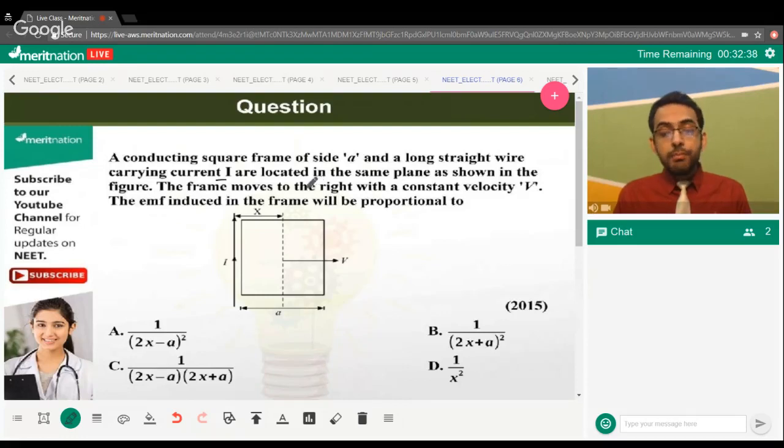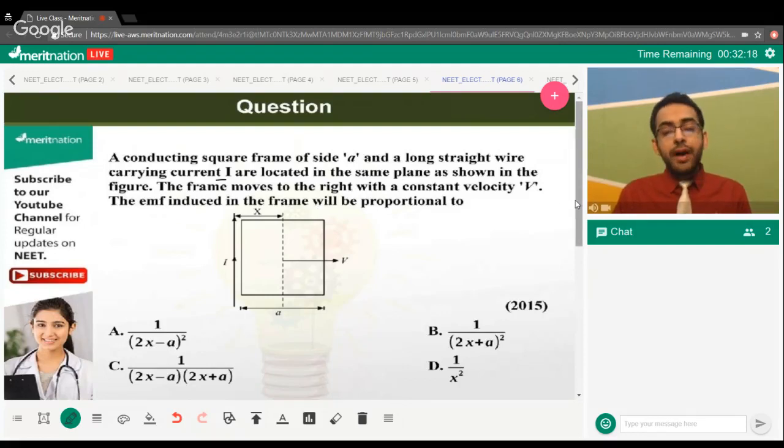The frame moves to the right with a constant velocity v. The EMF induced in the frame will be proportional to what? We have to find the EMF induced in the frame.